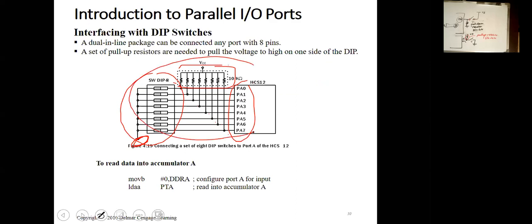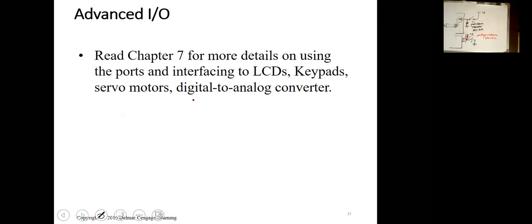To read data into accumulator A, configure port A. All pins are configured as input by storing a 0 to the direction register of port A, and then we read the value simply into the accumulator with LDA port A. So we will read the values that appear at these nodes into port A, into accumulator A, and the values will depend on the state of the switches, whether they are open or closed.